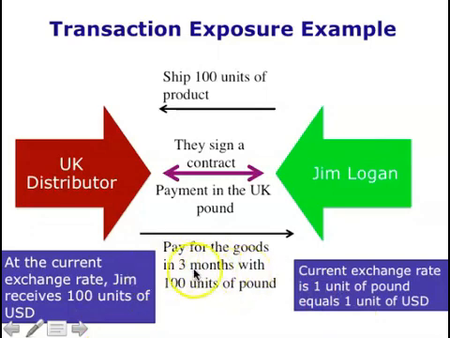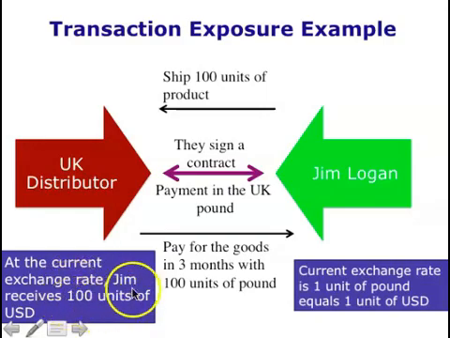Do you think that's possible? In the real world, impossible, because our exchange rate is not fixed over time. So I just assume, what if the exchange rate remains the same in the 3 months?